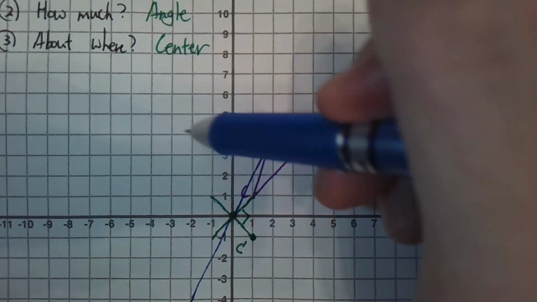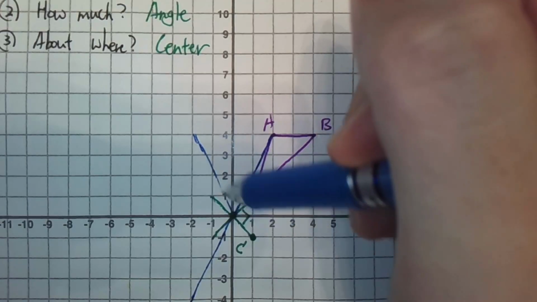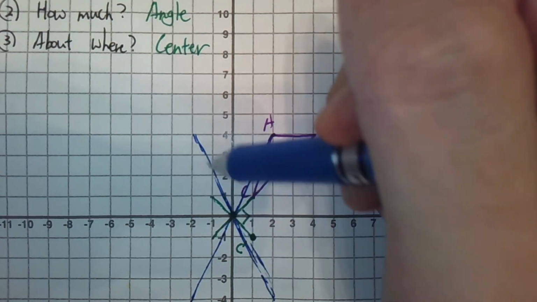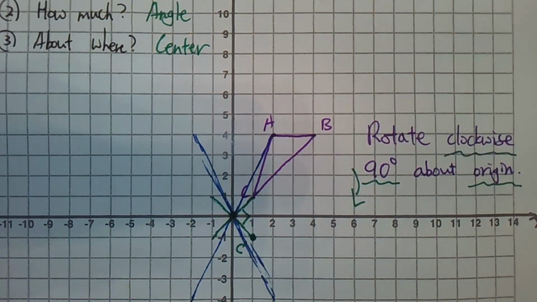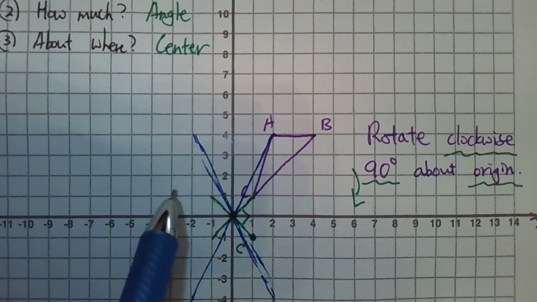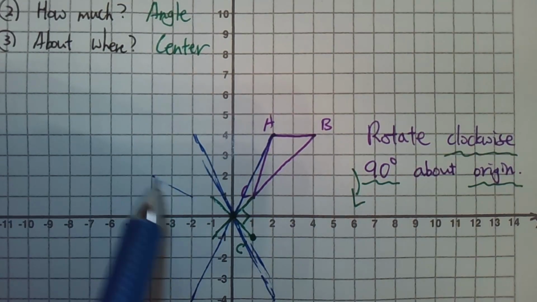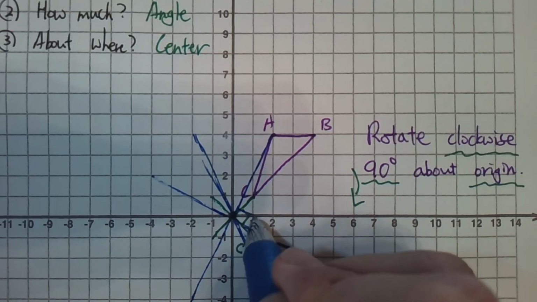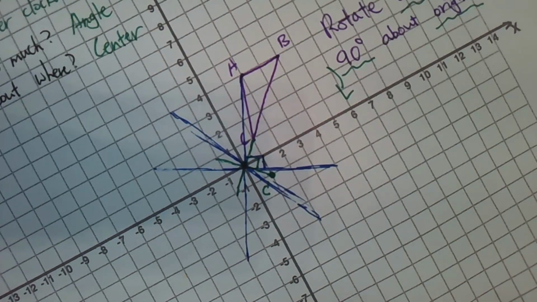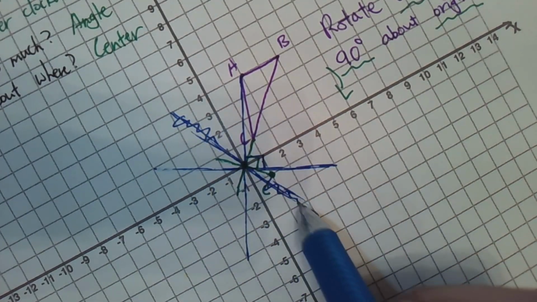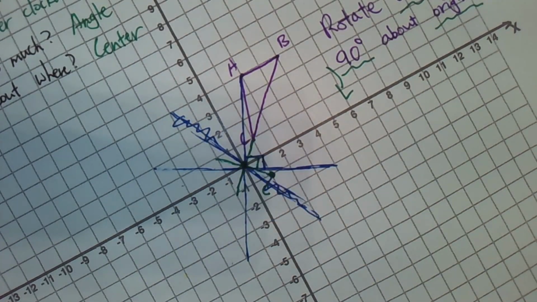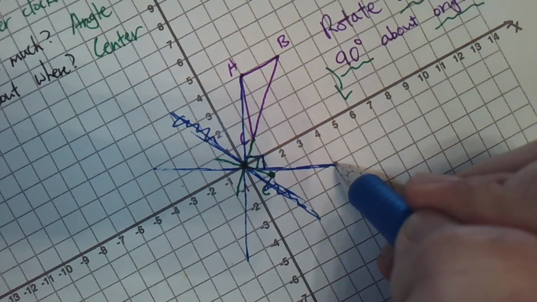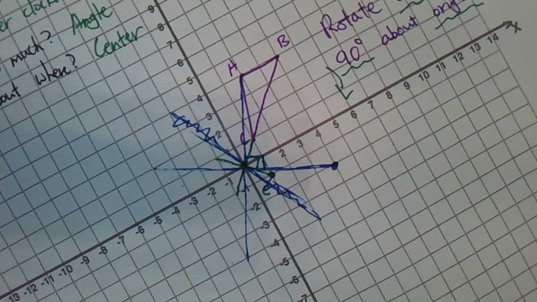And if I draw a perpendicular line, that would look right here. Wait, that is not perpendicular. Sorry, I have to go actually here. That's going to be my perpendicular, sorry. So now we have this perpendicular line, and the point A, once I rotate it 90 degrees clockwise, it's going to end up right at this point.